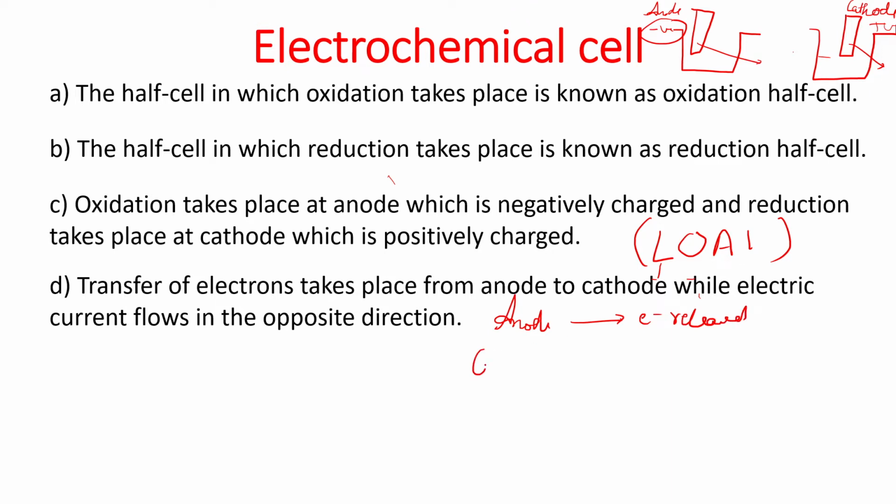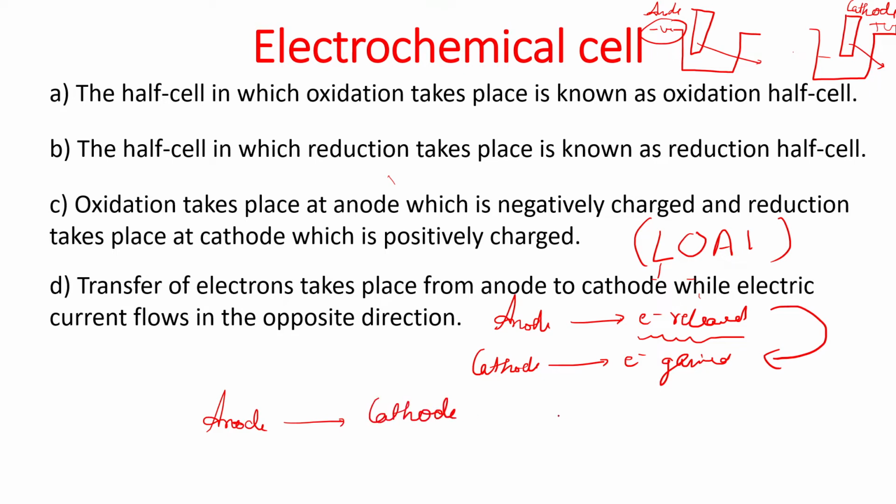So at the cathode electrons are gained. So transfer will occur from anode to cathode. Now here electrons are released, here electrons are gained. So the movement of electrons is from anode to cathode.